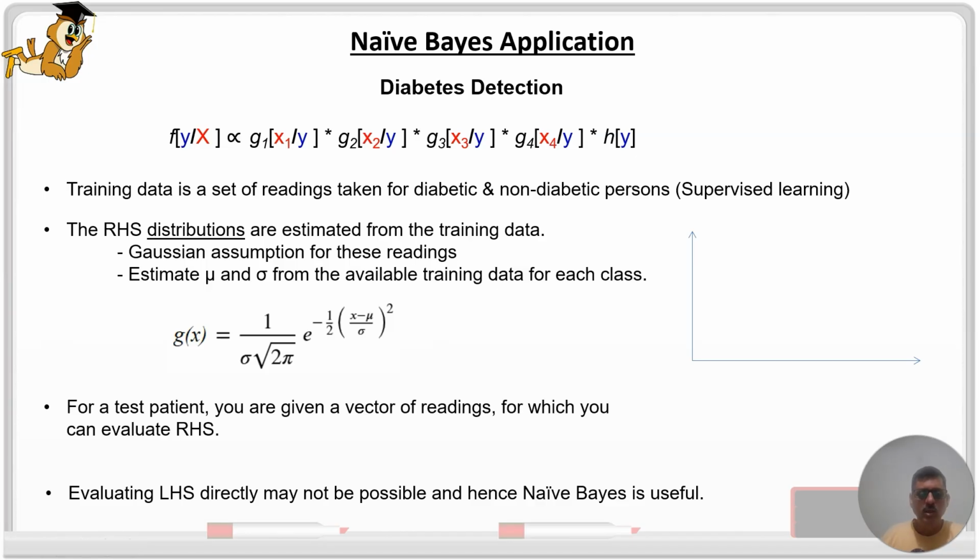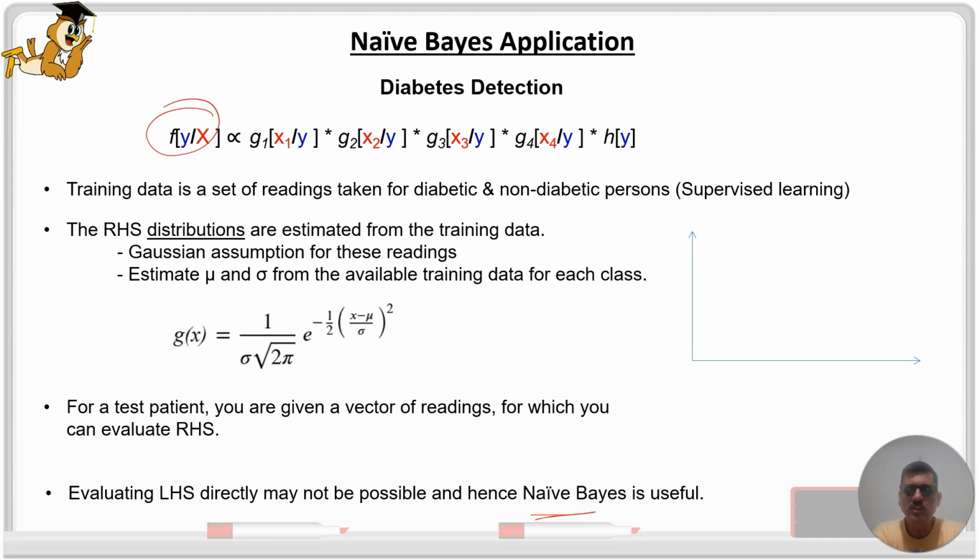Okay. Now, evaluating the LHS in this situation directly may not be possible, or it would lead to horrendous answers, and therefore naive Bayes is useful. So I was making the point all along in the beginning, why do you need something like naive Bayes? Why do you need the Bayes theorem?